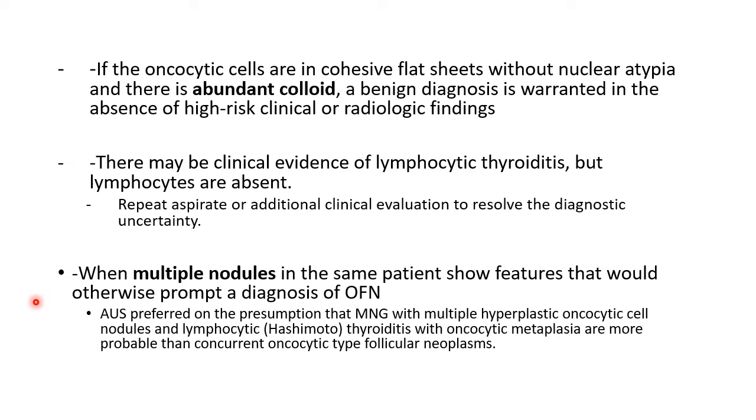So in such cases, with sheets of oncocytic cells and the patient having multiple nodules, a diagnosis of AUS with oncocytic atypia should be given, and it should be presumed that multinodular goiter with multiple hyperplastic oncocytic cell nodules or lymphocytic thyroiditis with oncocytic metaplasia should be ruled out first before considering it as a case of oncocytic follicular neoplasm.